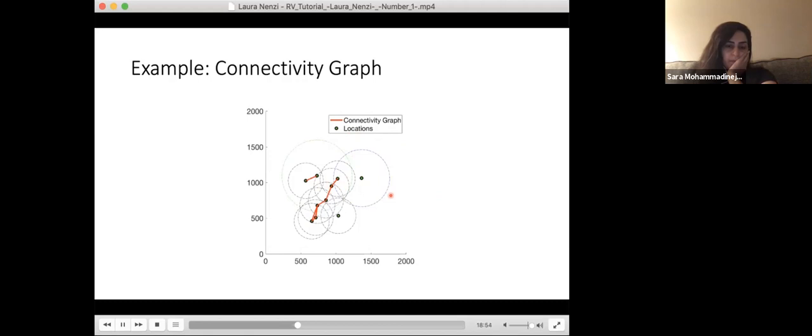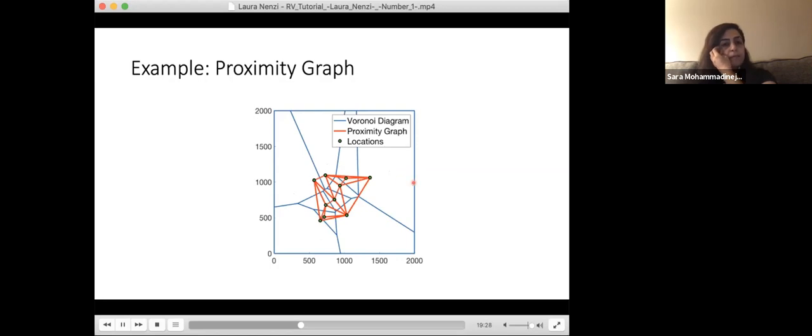So each sensor has a specific radius that designs a circle around it, where if there are sensors within this circle, they can communicate. So if two different sensors have communication ranges that intersect, then they can communicate, and so there is an edge between them.